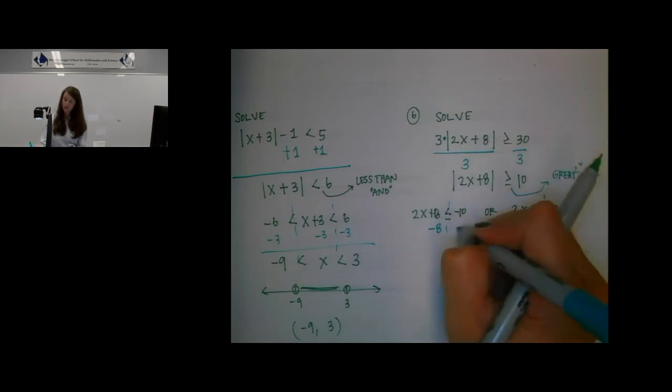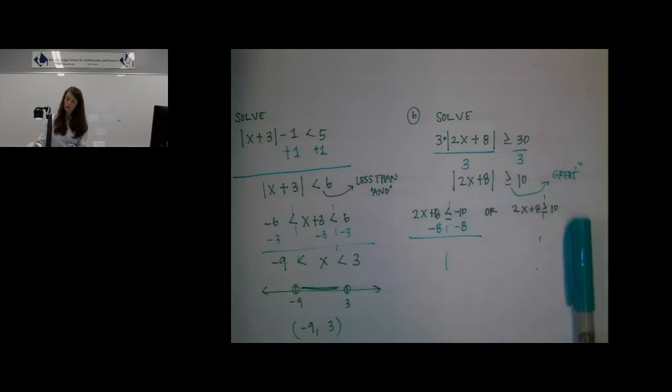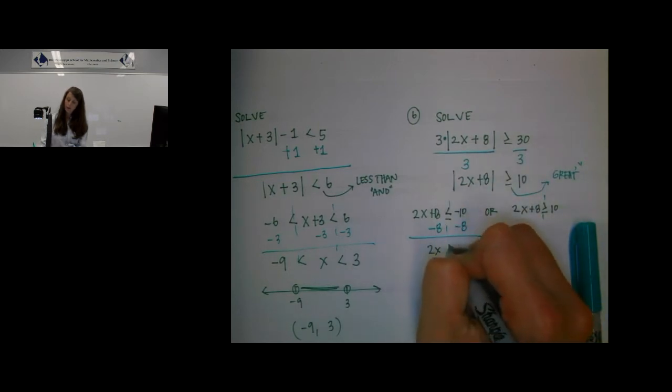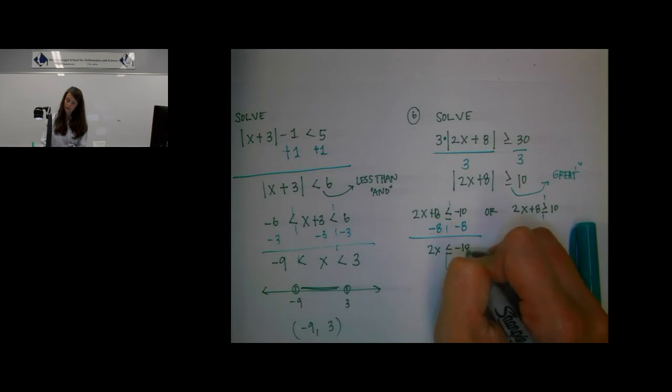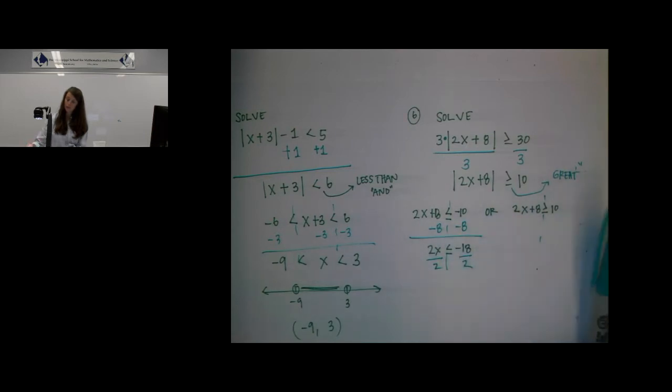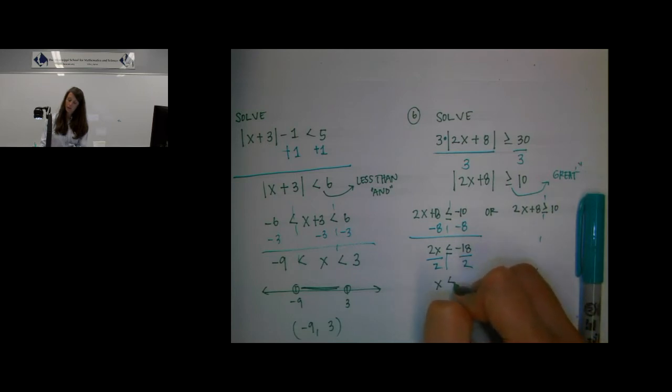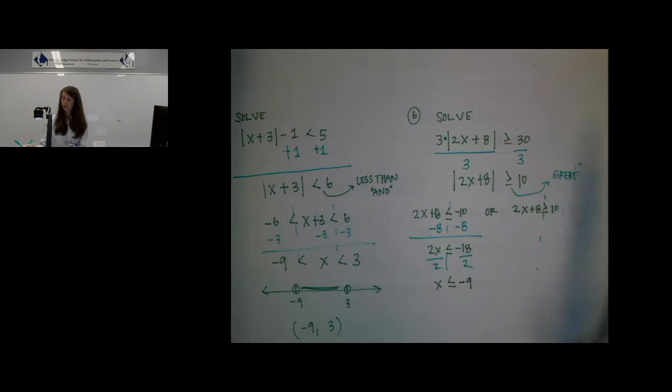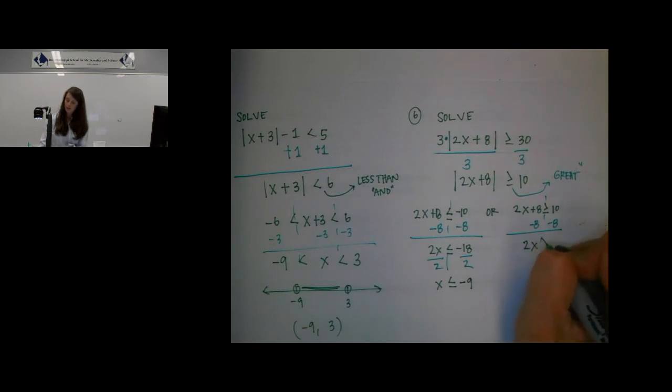So subtract your 8. We'll have 2x is less than or equal to negative 18. Divide both sides by 2. So x will be less than or equal to negative 9. Over here, same thing, subtract 8. So you'll get 2x is greater than or equal to positive 2.